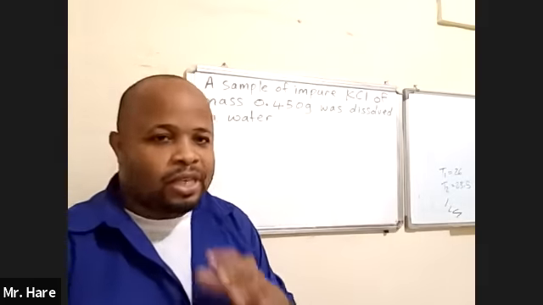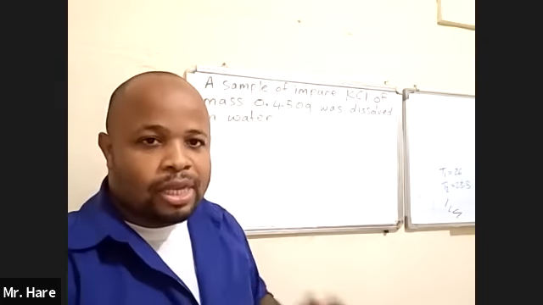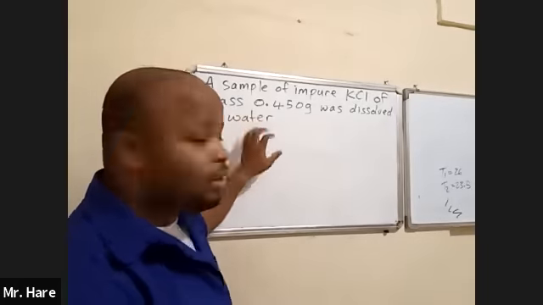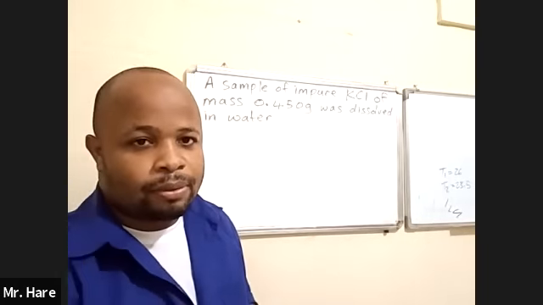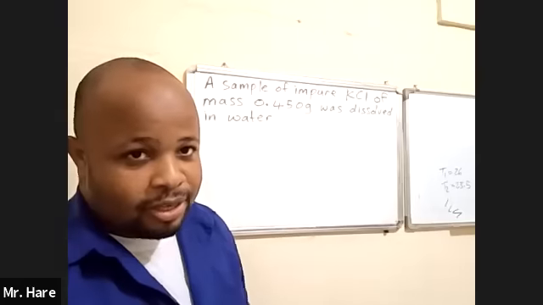If we were analyzing a sample with calcium carbonate, would we be able to use water? No, sir. Can you tell us why? Calcium carbonate is insoluble. That is correct.